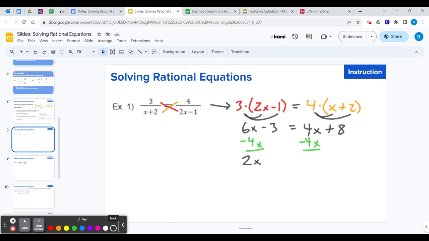We get 2x minus 3 equals 8. I'm going to move this 3 over to start getting it away from my x's. I get 2x equals 11. Then I'm going to divide by 2 on both sides to get my x alone, and that gives me x equals 5.5.